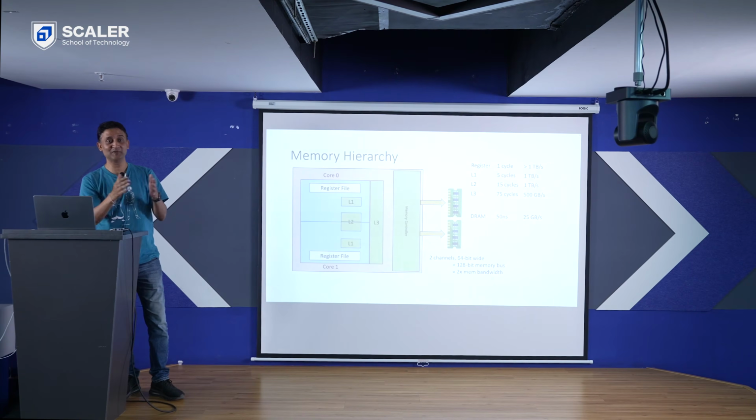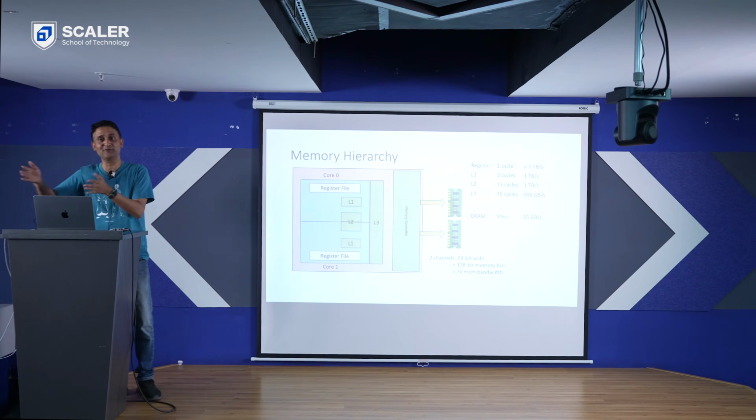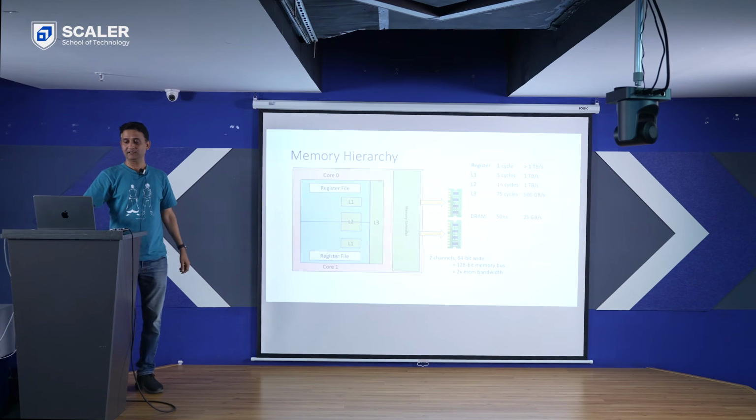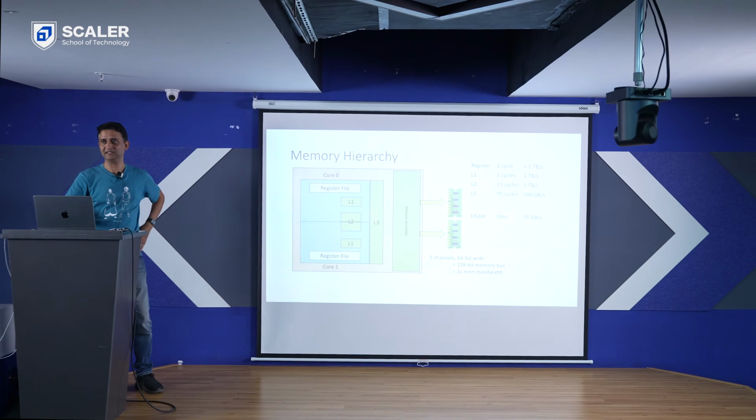Unified memory is possible only if you have a very wide memory bus, and that gets implemented by multiple 64-bit wide buses. Each one of these is called a channel. Yeah, 200 gigabytes, right? So that is implemented by having multiple such channels.